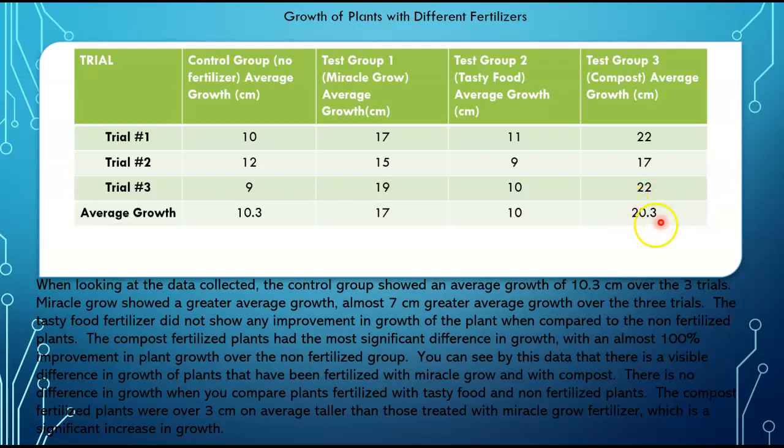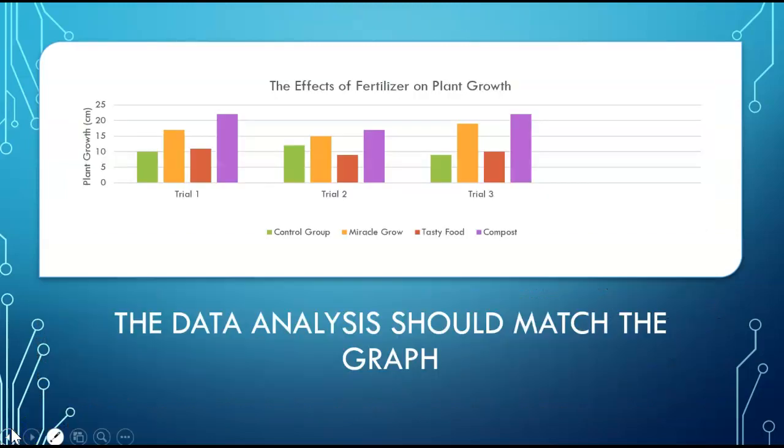So I can show with my data what the numbers mean. That's what a data analysis is. And your data analysis paragraph or description should match what the graph shows. And if we take a look, it does.